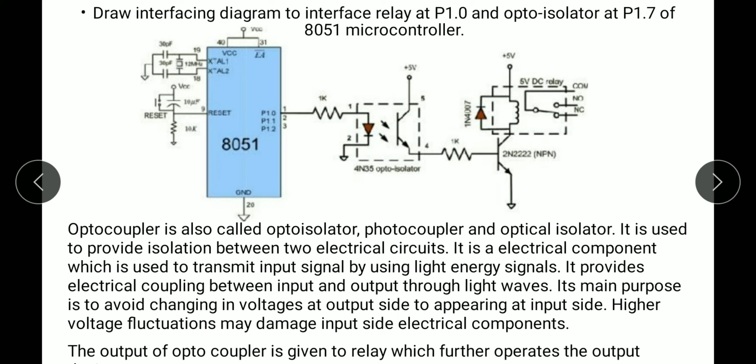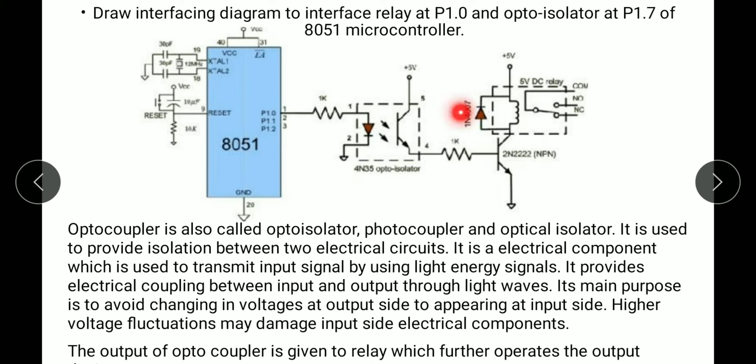Here the driver is the 2N4442, that is an NPN transistor. After that, on port 1.7 the opto isolator is used. Here a 1K resistor is used. After that, one opto isolator is used.